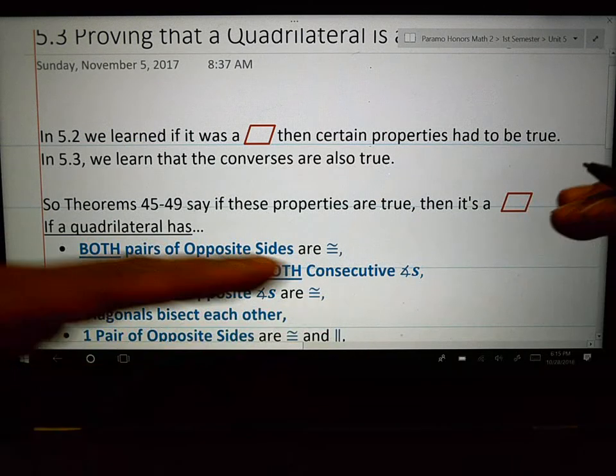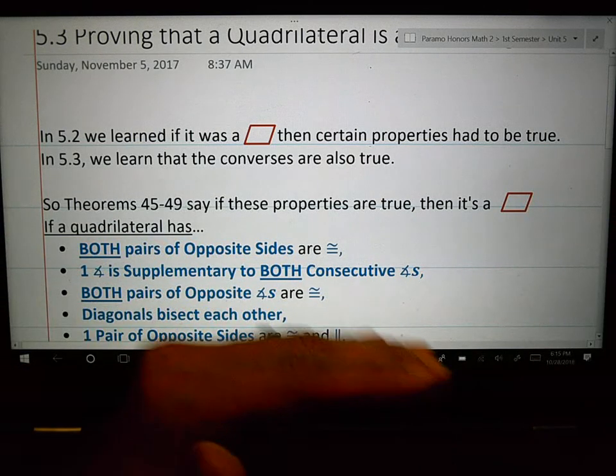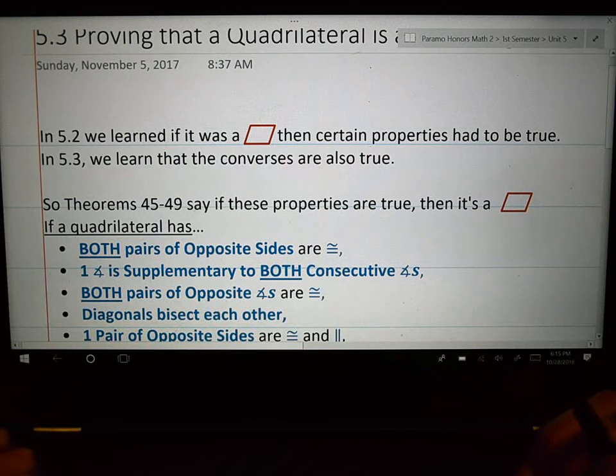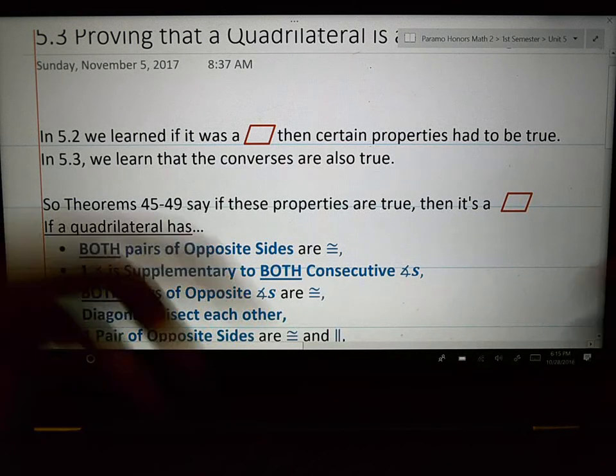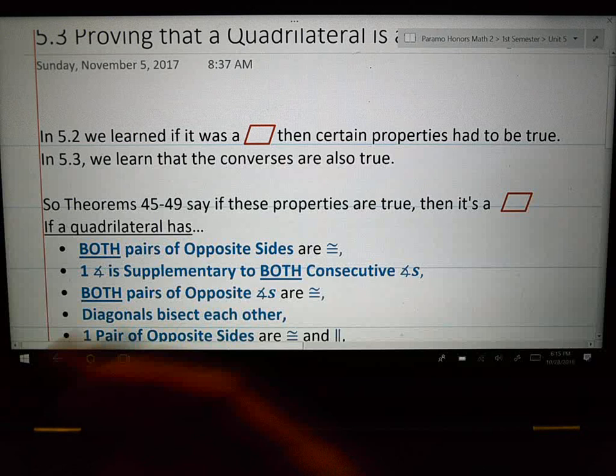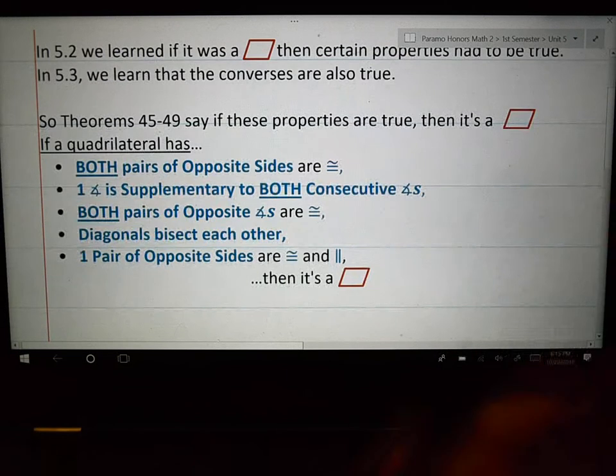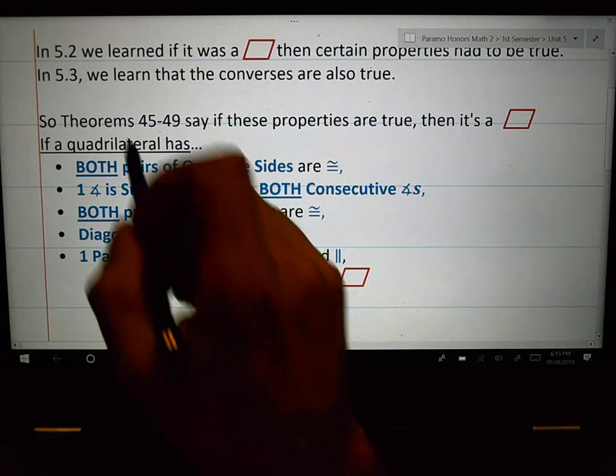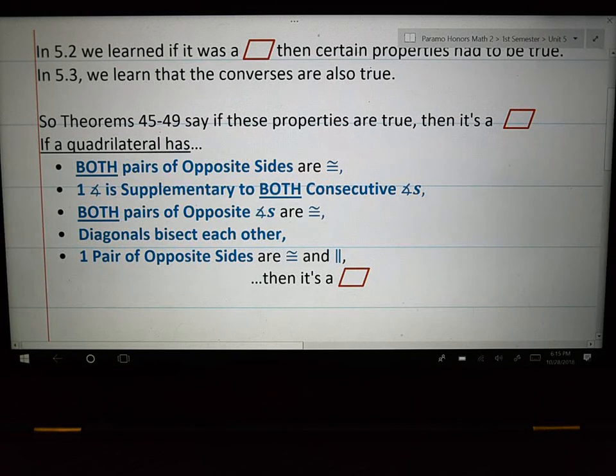We're going to say if the diagonals bisect each other, then it must be a parallelogram. If the opposite sides are congruent, then it will be a parallelogram. Let's look at what theorems 45 through 49 say.